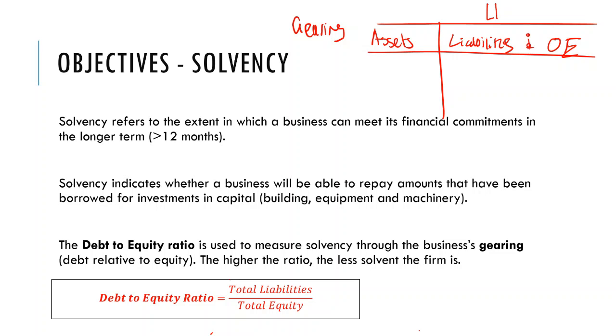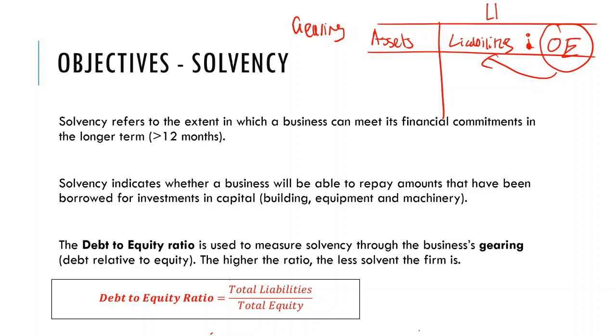So essentially a ratio of these two. Okay? How much do we borrow? How much do we put in of our own? It is important because we need to understand how we are able to use our owner's equity to pay for our liabilities.